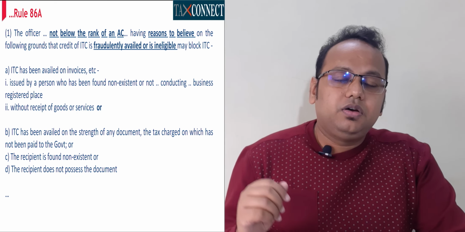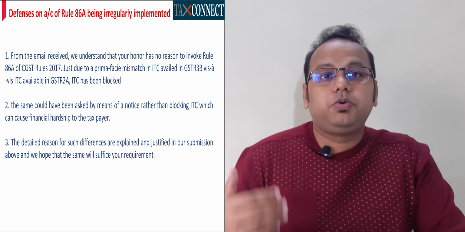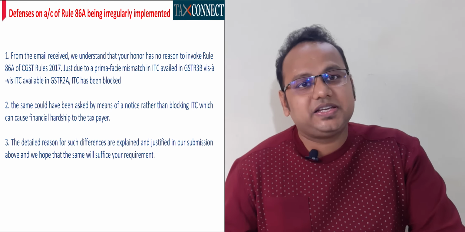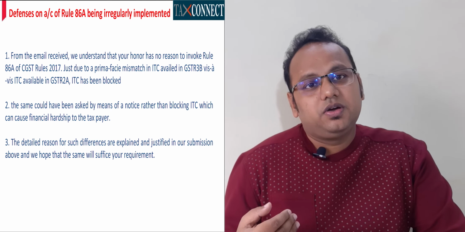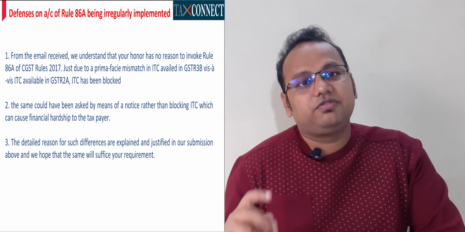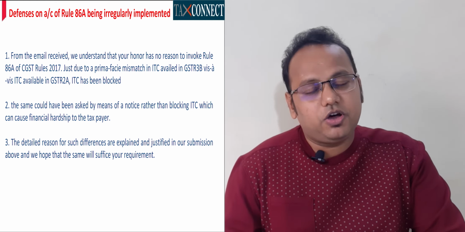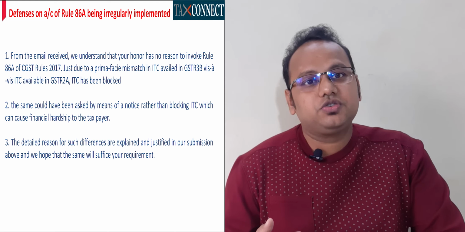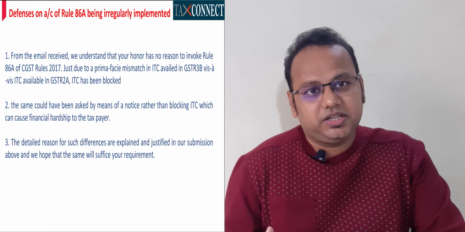However, we feel that this blocking of ITC via rule 86A is used more frequently than the intention of the law, and the field formations have to be much more prudent in using this.